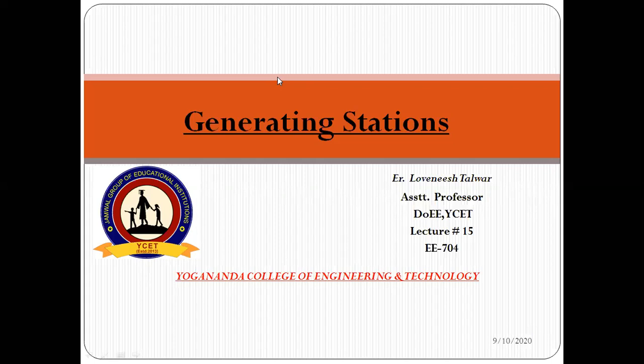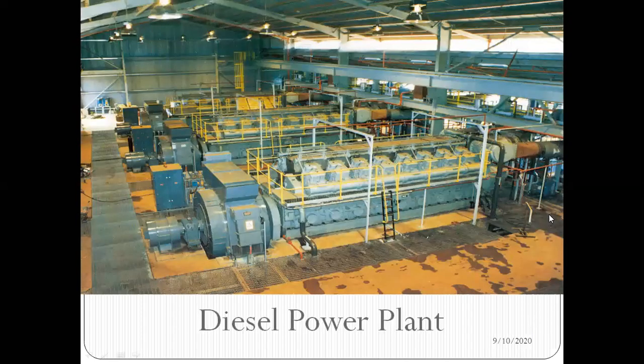Now, in continuation, today we discuss the diesel power plant, or diesel generating station. The basic principle is the same: in any generator, whenever there is a change in magnetic flux, an EMF is generated.